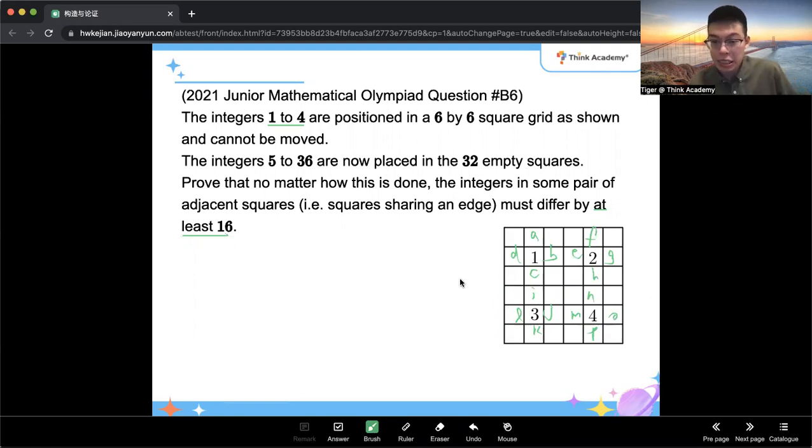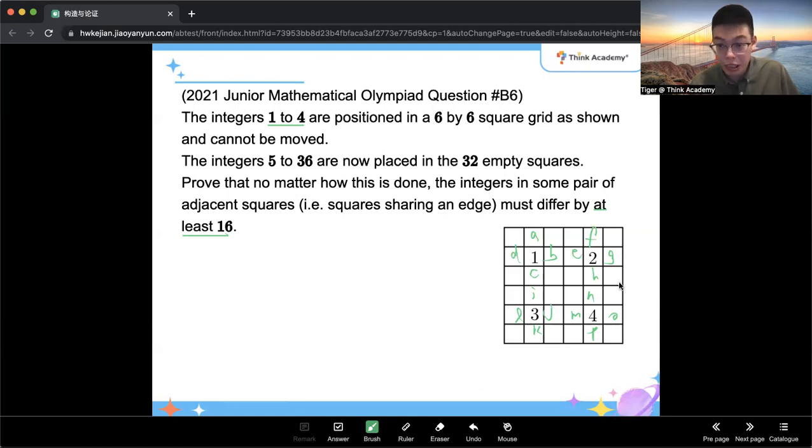I need 16 different numbers for these 16 boxes, right? Which means within these 16 numbers, the minimum value of the greatest number is 20, because I already have 1, 2, 3, 4.